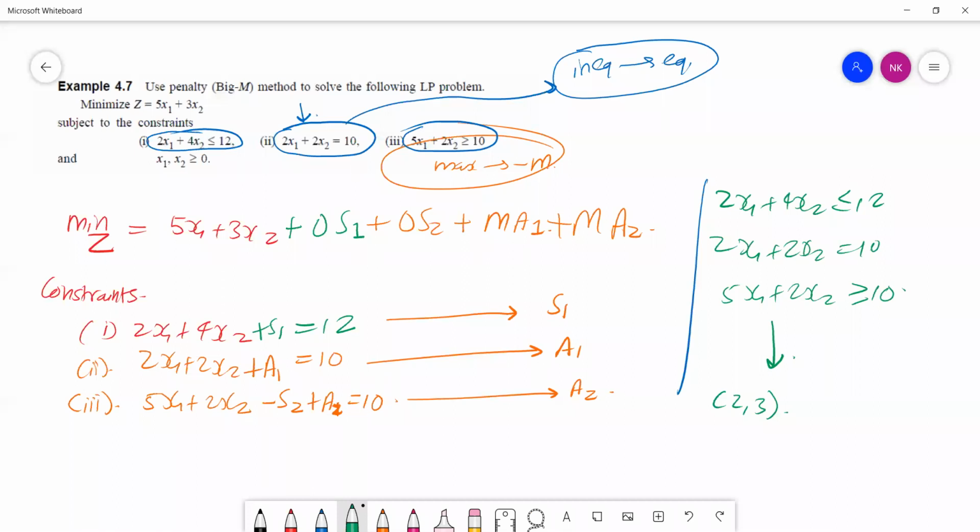No, it doesn't. Okay, 4 comma 1. Any other solution that will be working over here? Just try to check if any other solution works over here.